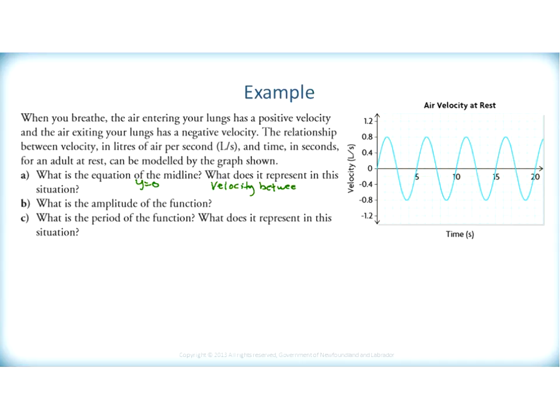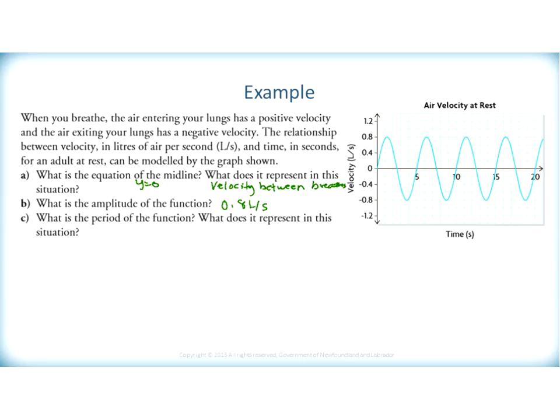What is the amplitude of the function? The amplitude is the distance from the midline to the max, which in this case is 0.8. So we have 0.8 liters per second.